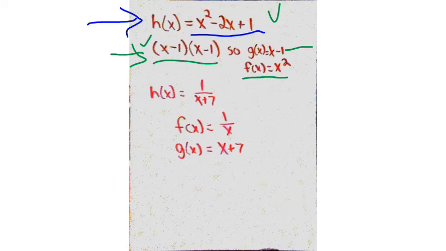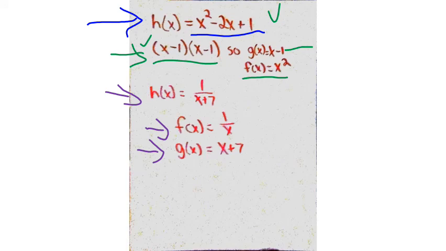Now, the second one is where h of x is equal to 1 over x plus 7. That one's probably a little easier to think about and figure out, because I could say f of x could be 1 over x, and g of x could be x plus 7. If I compose those, I'd end up with h of x.